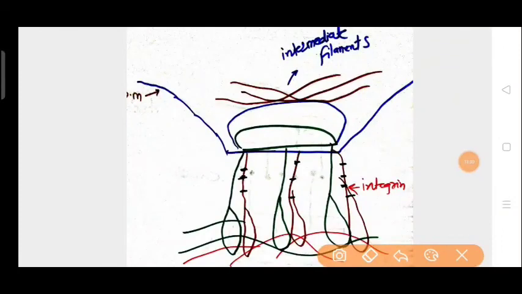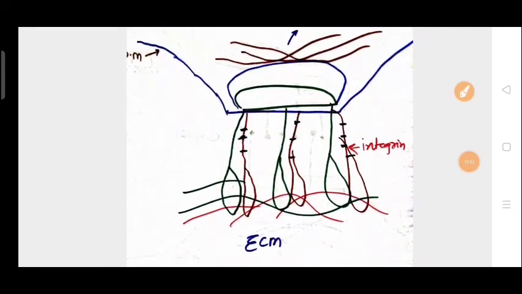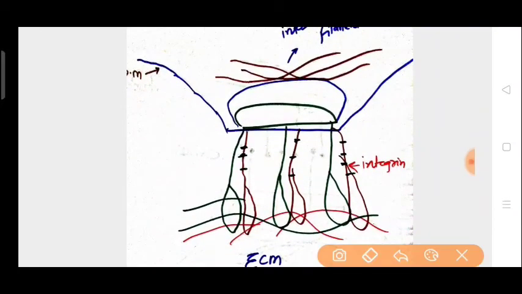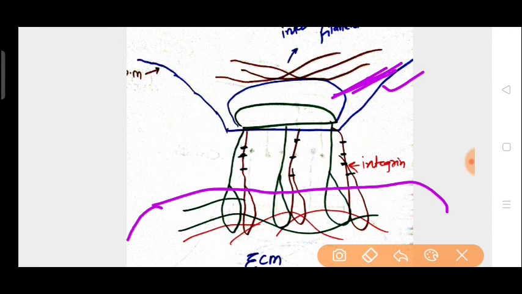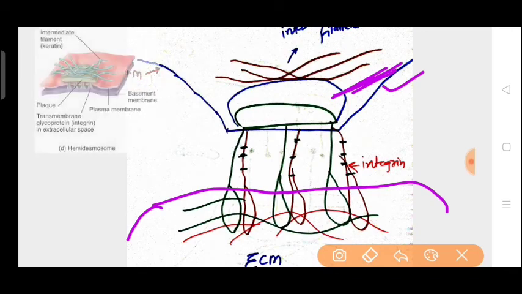Now let's see what the hemidesmosome is. This is the structure of the hemidesmosome. As you can see here, assume this is the epithelial cell membrane. This is the basal surface of your epithelial cells. It provides the linking between the basal surface of your epithelial cells and the basal lamina. The basal lamina is a specialized mat of extracellular matrix.